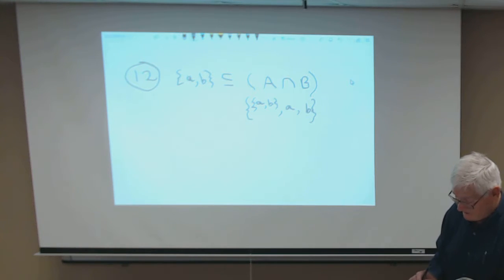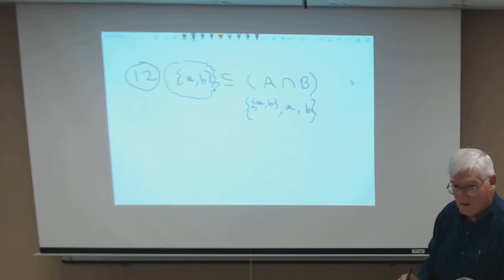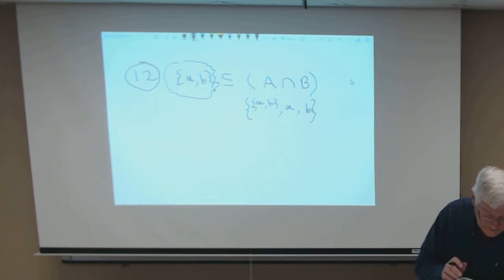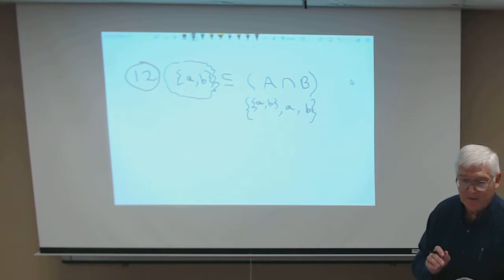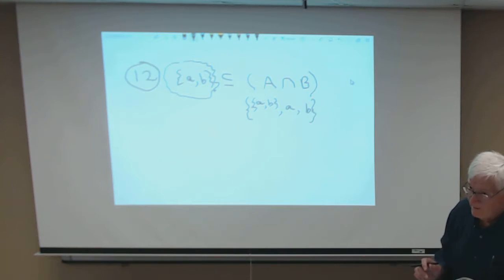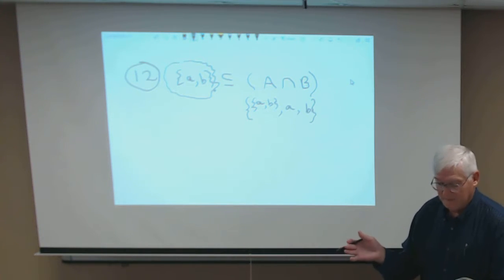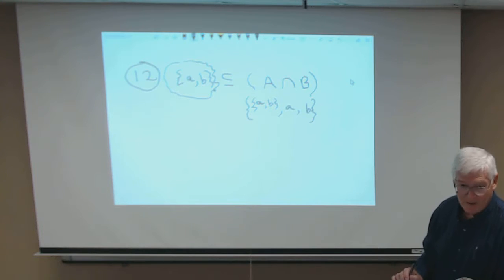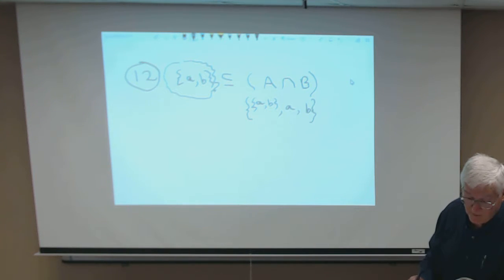Now here's the question. Is this set, can you read that symbol? It's on page 57 in your textbook. So you better put that in your notes. Can anyone tell me what that symbol means from looking at page 57?